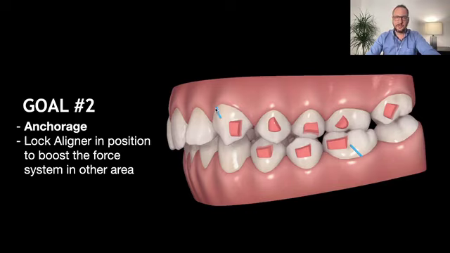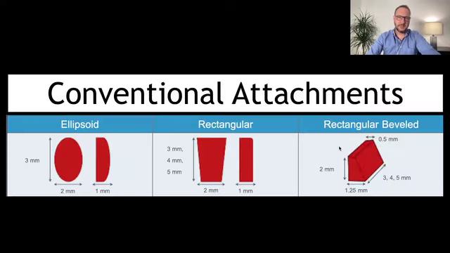We are coming from this point to this point, okay? So I want to hold the extrusion component of this force, and also I want to keep the aligner there, avoiding moving mesial, right? So this is how we figure out the position of this attachment, okay?